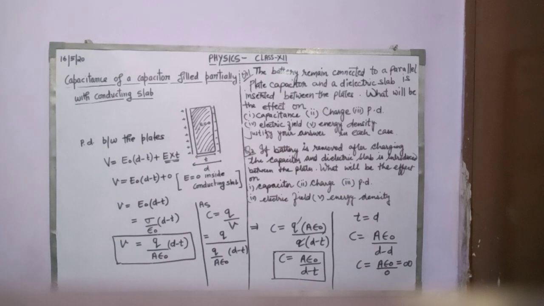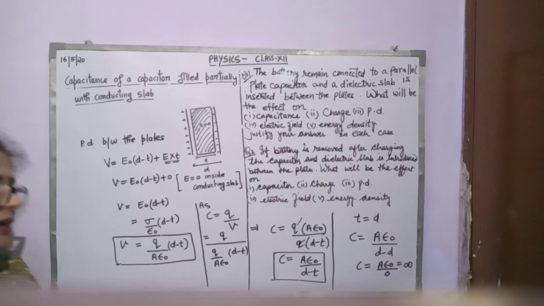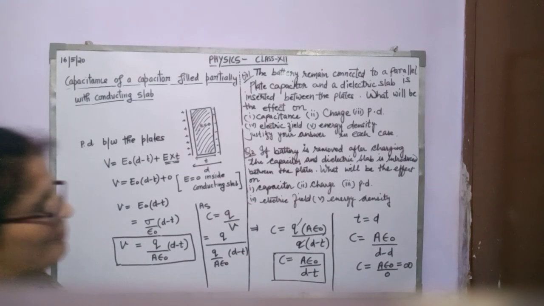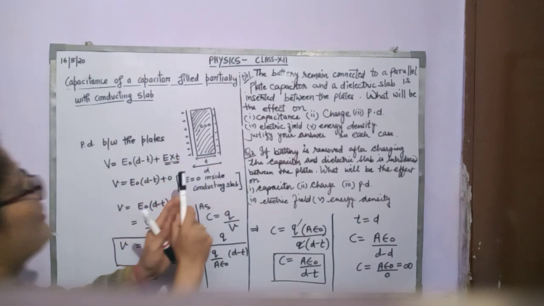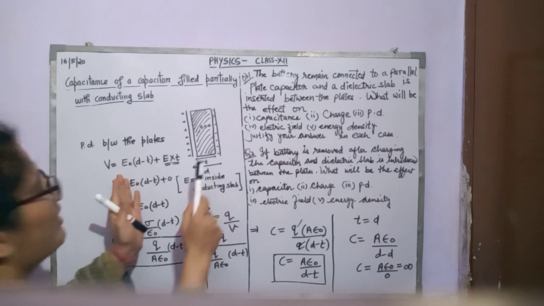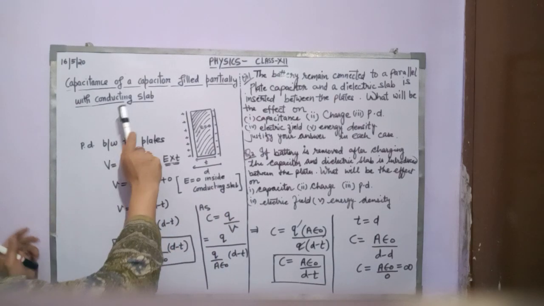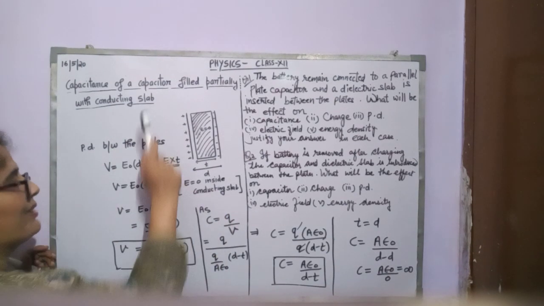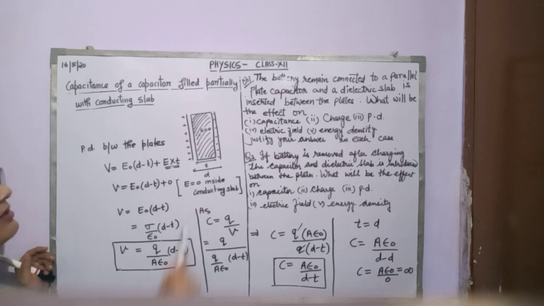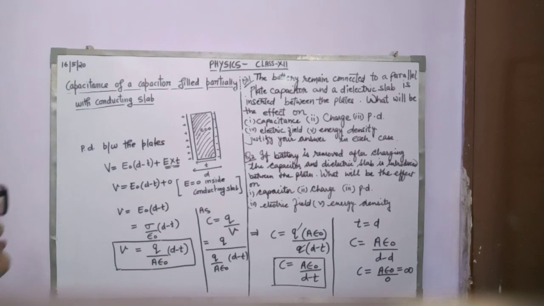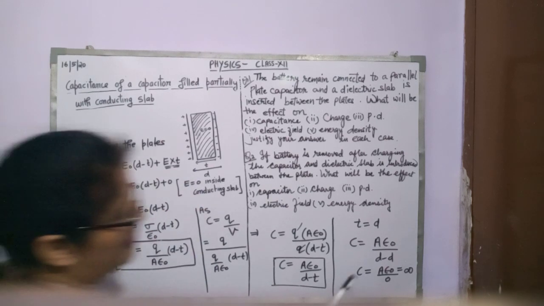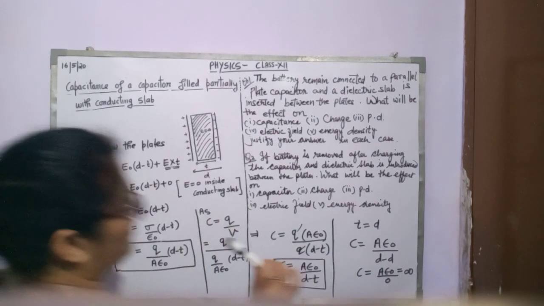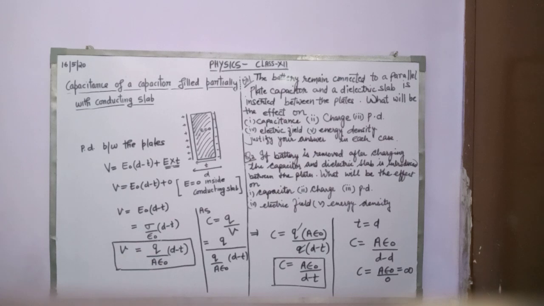Then the capacitance of the capacitor becomes infinite when a conducting slab of thickness d is inserted between the plates, where d is the distance between the plates. When these two become equal to each other, C comes out to be infinity. And this is the topic, capacitance of the capacitor filled with conducting slab.